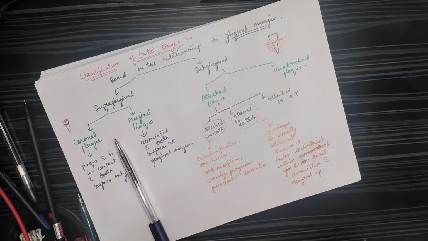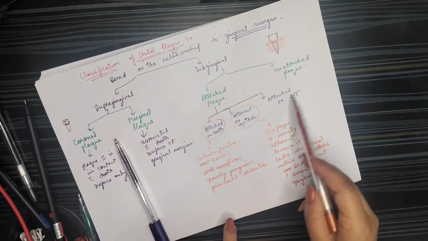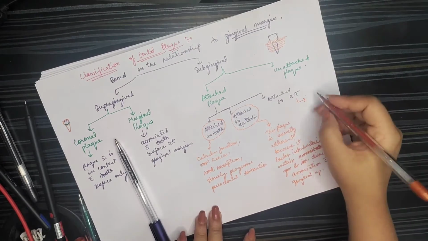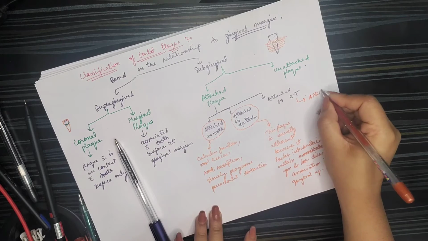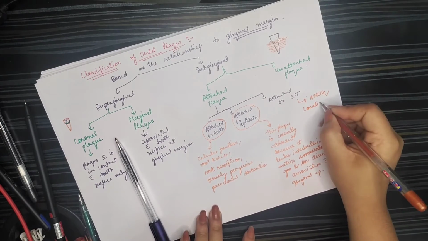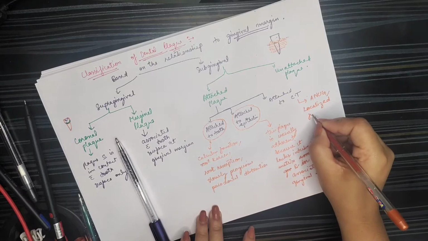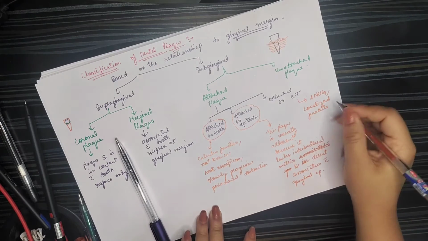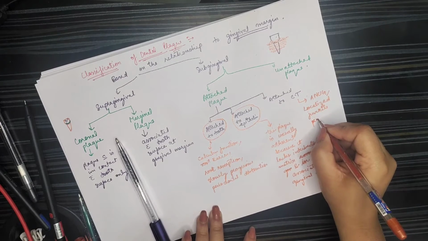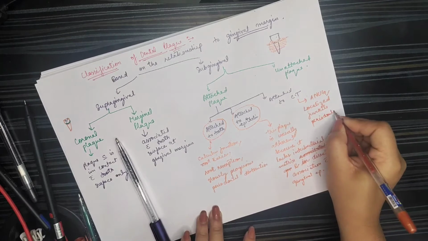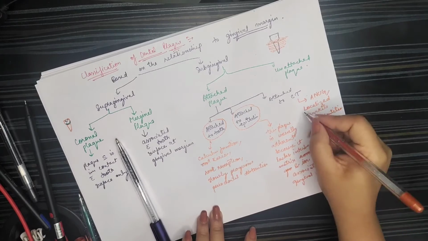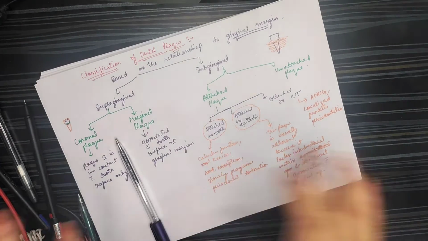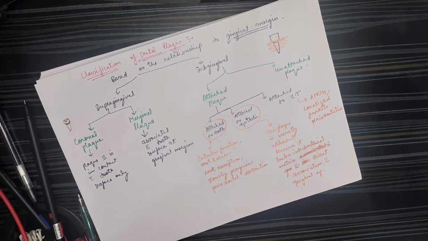And the one which is attached to connective tissue usually demonstrates localized juvenile periodontitis. So this is all for the classification of dental plaque.